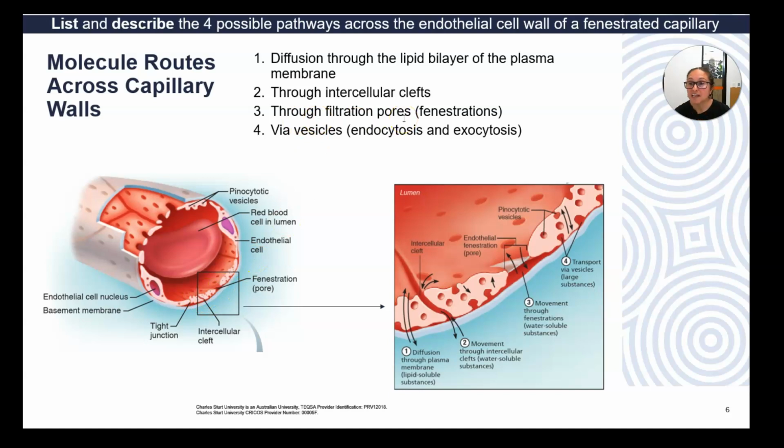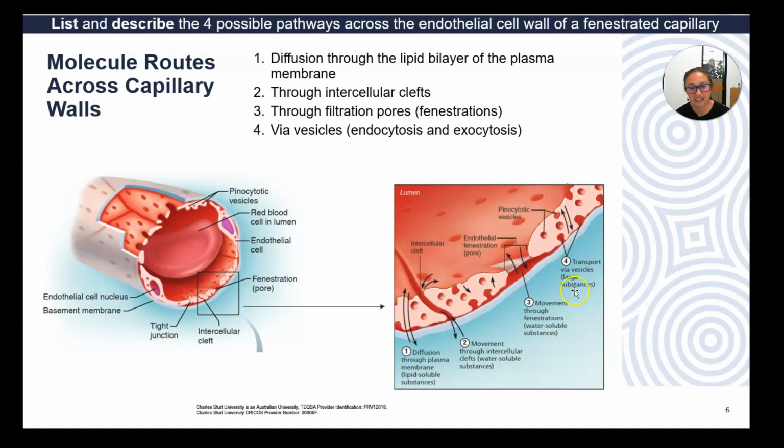The other way that we can get through is through pores. See how the endothelial cell has pores or holes in it? So we can get through there as well. And the other way is through endocytosis and exocytosis. Remember that? You have to have a look at those notes and remember what those words mean.